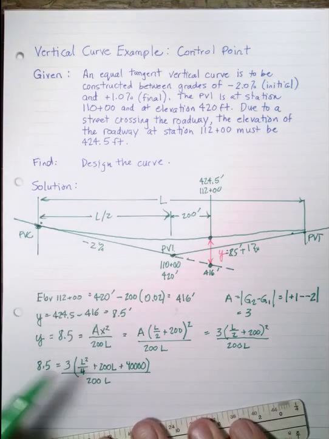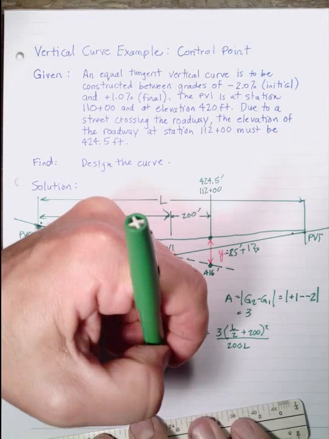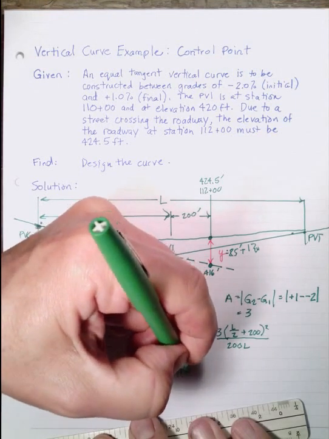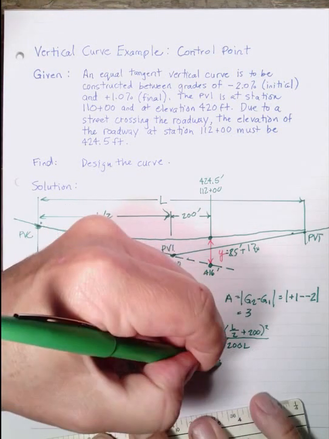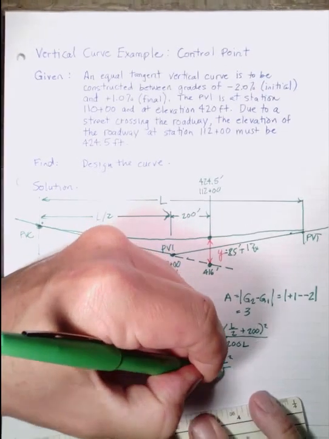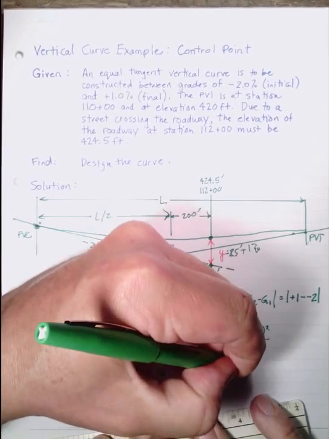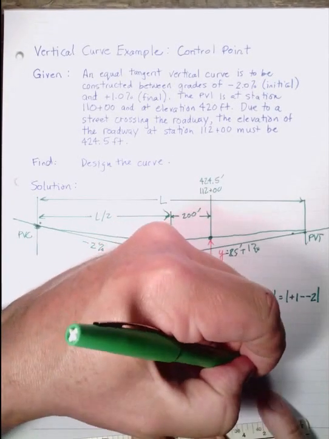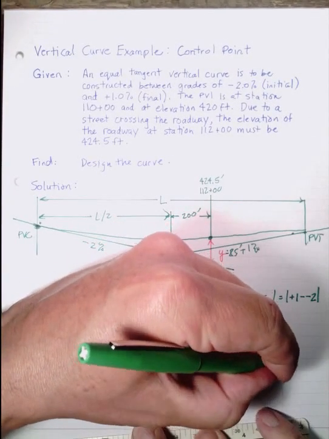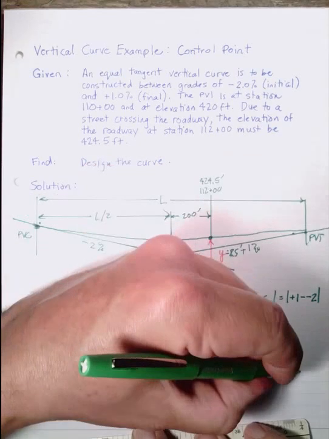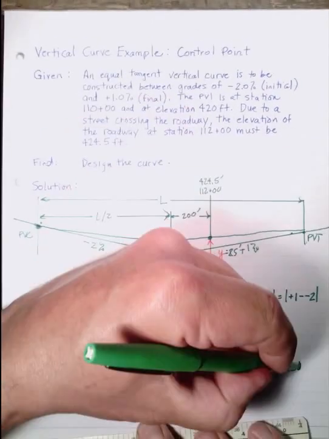So I can cross multiply, and we have 1700L equals 3L squared over 4 plus 600L plus 120,000.